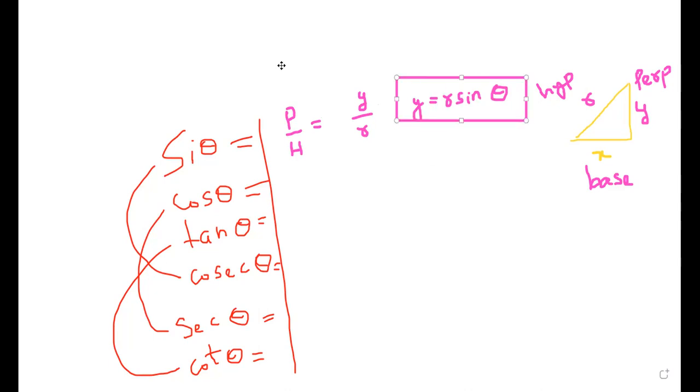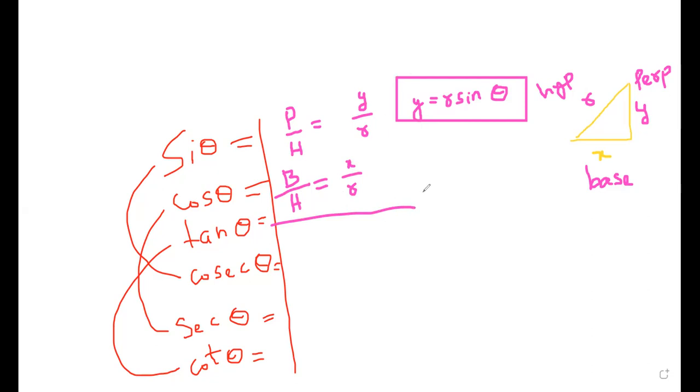Similarly, cos theta will be equal to base over hypotenuse, B over H. The value of base is x, and the value of hypotenuse is r. So you can write cos theta is equal to x over r.